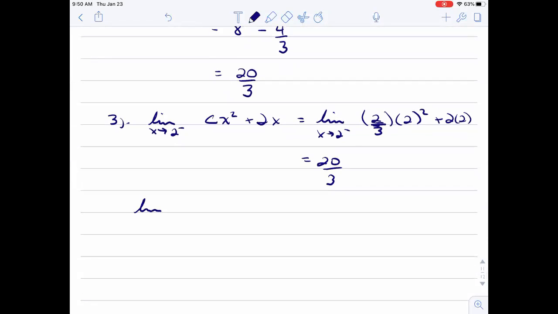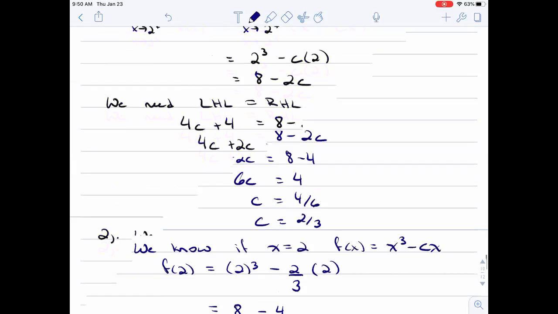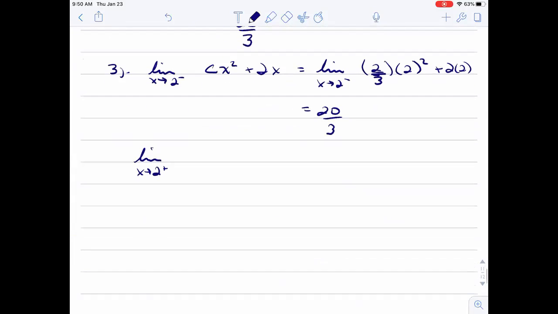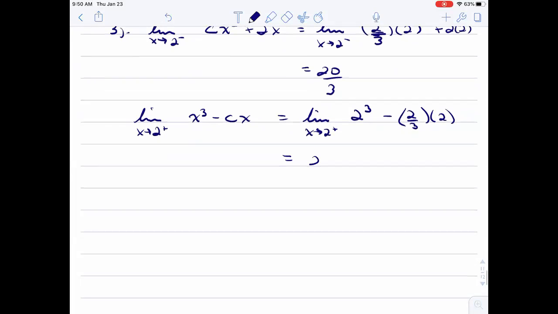Doing the same thing as x approaches 2 from the right, we said that it was x to the power of 3 minus cx, which is the limit as x approaches 2 from the right of 2 to the power of 3 minus 2/3 times 2, which is also going to be 20/3.